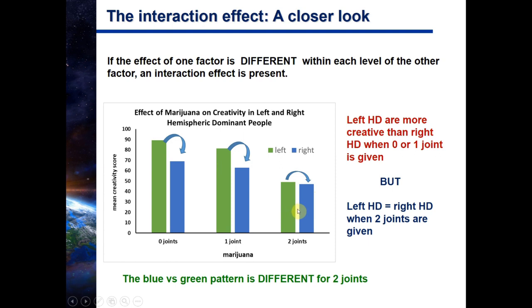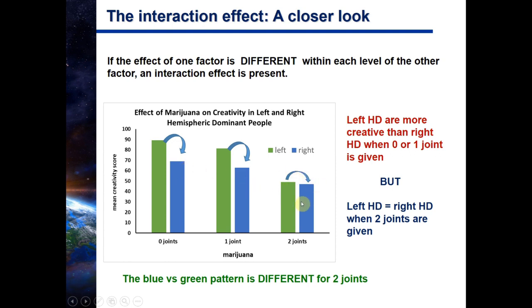So if our interaction was significant in the ANOVA, if that F value was significant, we would basically say that to explain the nature of the interaction, we looked at the effect of hemispheric dominance separately for each level of marijuana and found that for both the 0 and 1 joint conditions, left hemispheric dominant people were more creative than right by about 15 to 20 points.